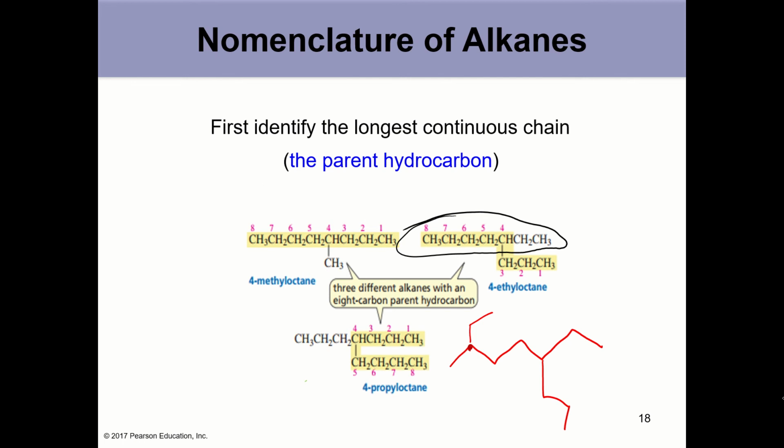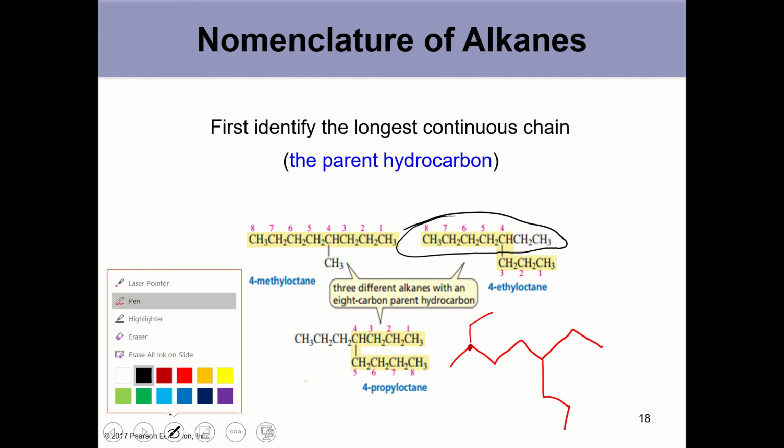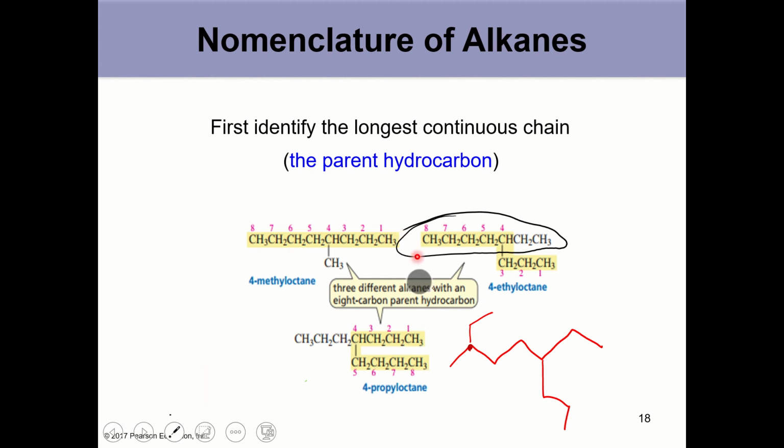So for example, if you look at this molecule on the right, instead of starting on the left and numbering from the left, we started at the right and numbered to the left.